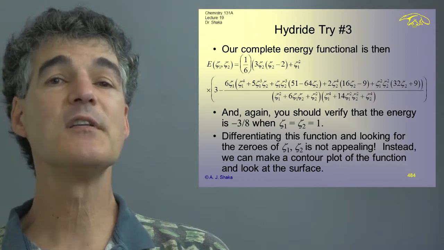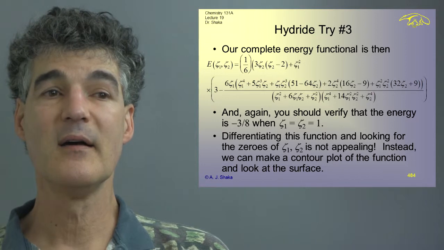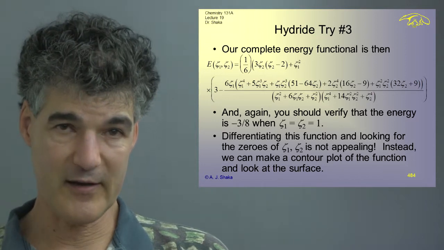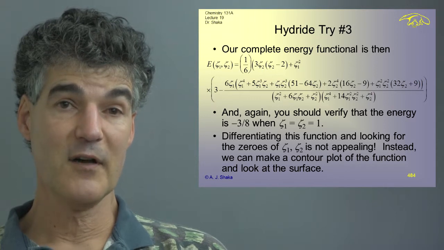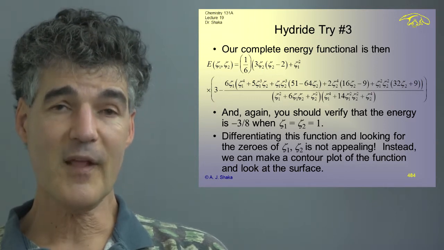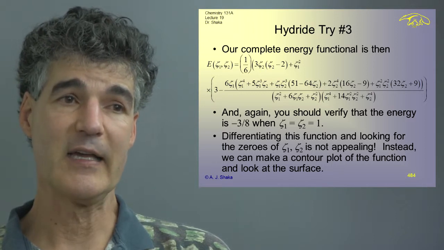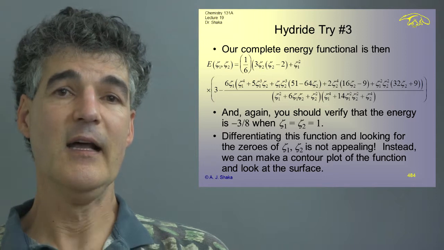Now what we are supposed to do is find the minimum of this horrific thing. And the values of zeta 1 and zeta 2, not equal, that minimize this thing, will be our final result.